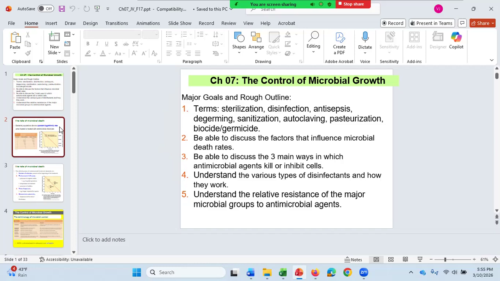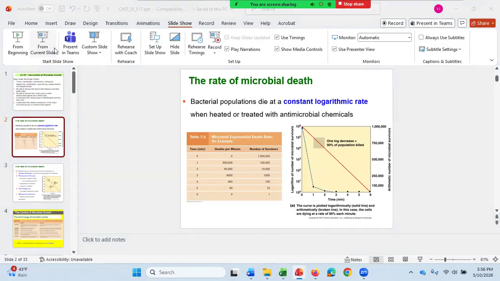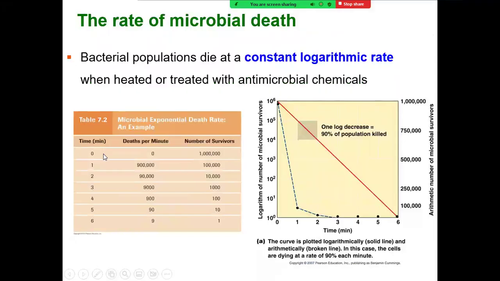All right. The rate of microbial death is fairly constant if you graph it on a logarithmic scale. Let me blow this slide up. Meaning at time 0, when you expose the cells or microbes to an agent, and there's a million of them, at 1 minute, there will be only 100,000 left, meaning 10% survived, 90% died.